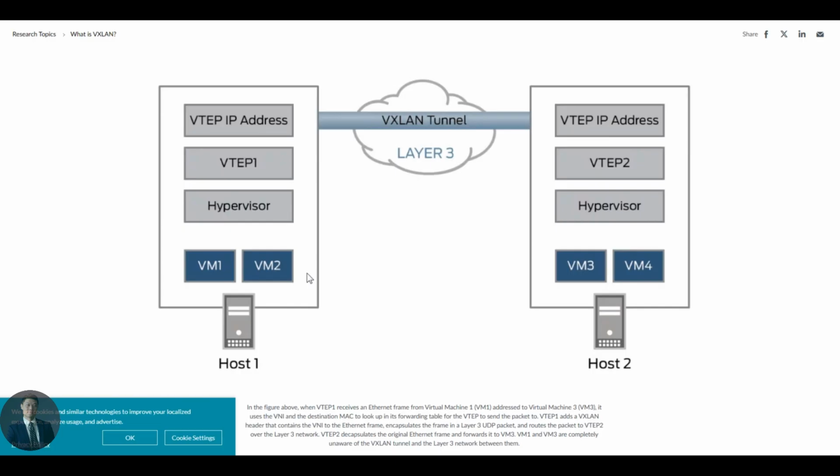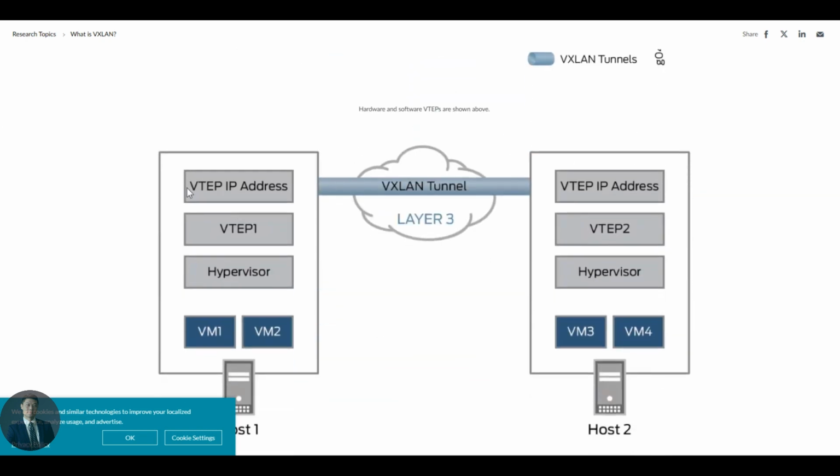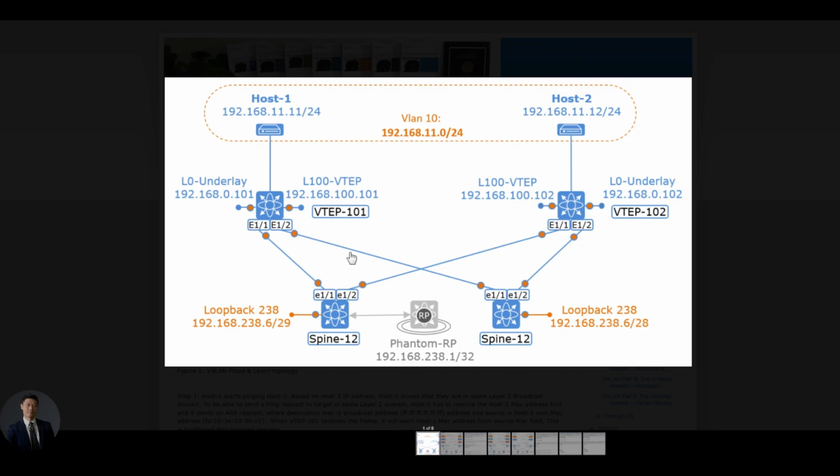The initial IETF VXLAN standard, RFC 7348, defines a multicast-based flood and learn VXLAN without a control plane. It relies on data-plane flood and learn behavior for remote VXLAN tunnel endpoints, which we call VTEPs. Here, VTEP peer discovery and remote endpoint learning is done by VXLAN multicast.